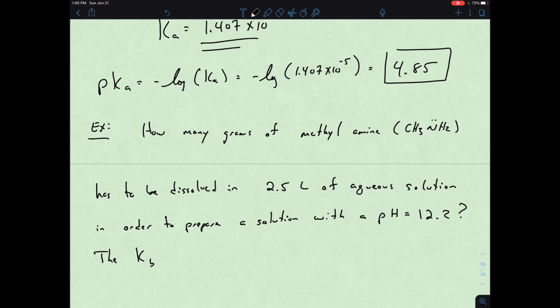The Kb for methylamine is 4.8 times 10 to the negative fourth.